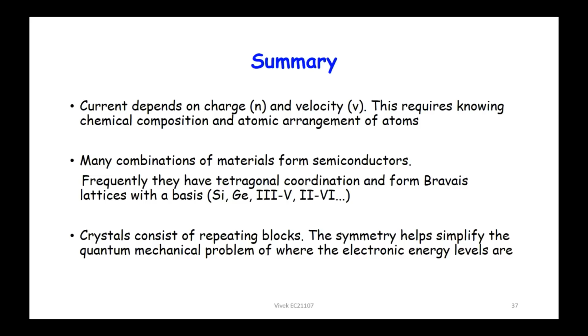In gallium arsenide, it is exactly the same as silicon, the only difference is that it is called zinc blende, because all the corners and the faces are occupied, let's say, by gallium, and the four atoms inside along the diagonal are arsenic, and vice versa.